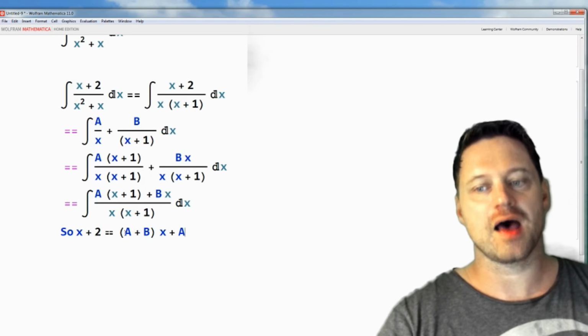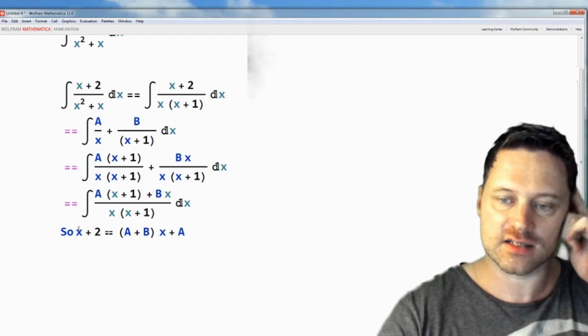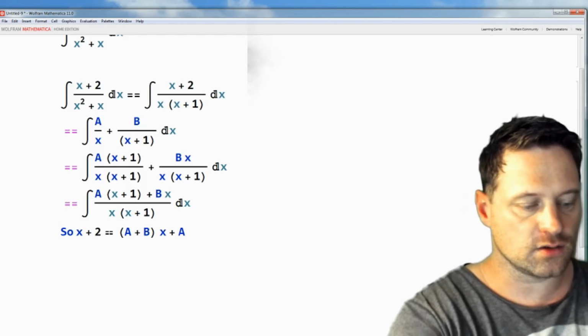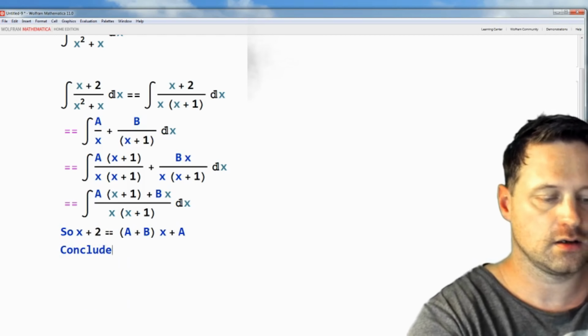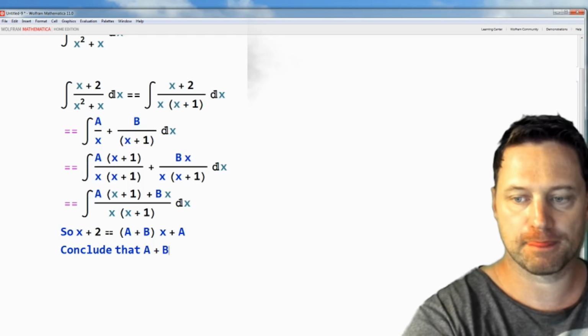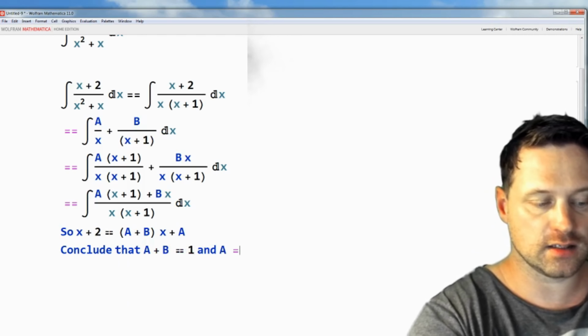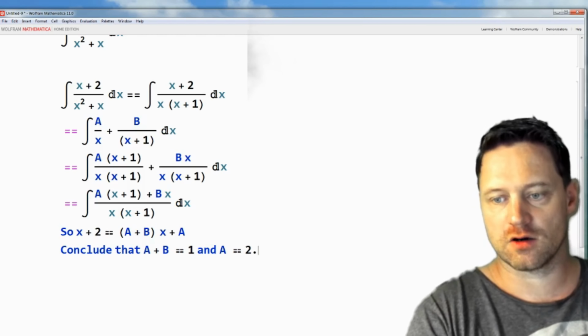Okay, and now that we have coefficients of x and constant terms, we can compare those. So we must have A plus B equal to 1, the coefficient of x on the left hand side, and A equal to 2. Alright, so we conclude that A plus B is equal to 1 and A is equal to 2 by comparing the coefficients.